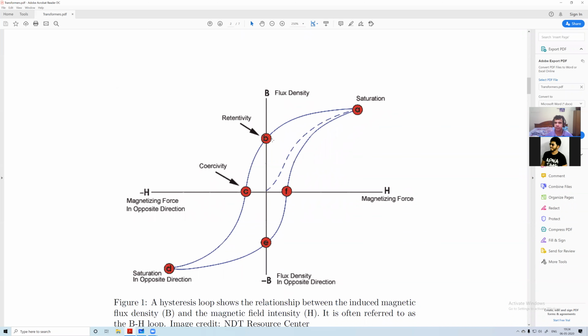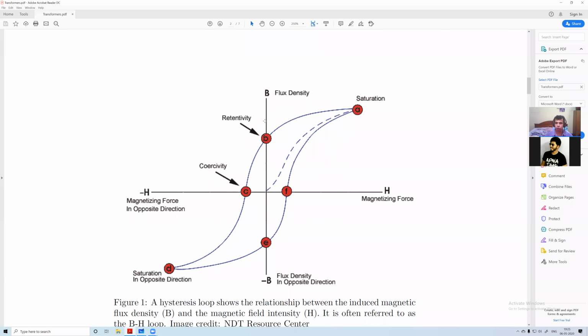It does not follow the same path. So from the origin, if we move to A, then if we change H to 0, we do not return to the origin. Instead, we return to point B, because there is some alignment of the material so that some of the B is retained.